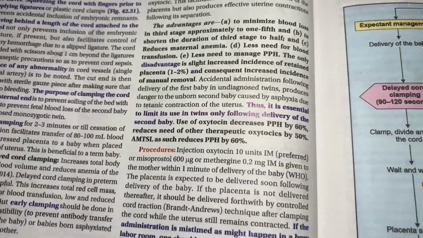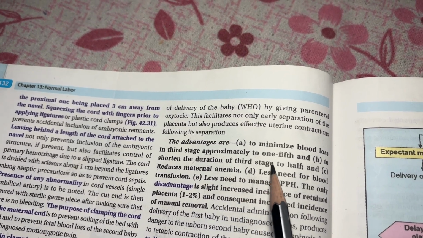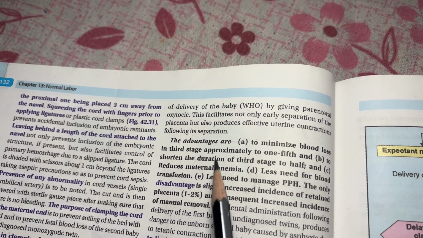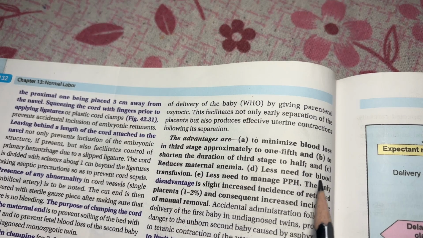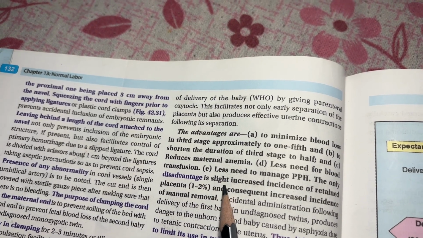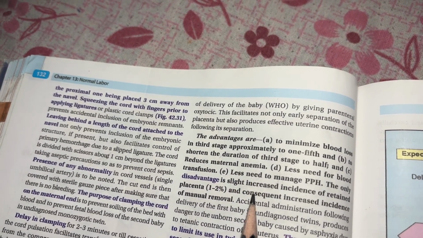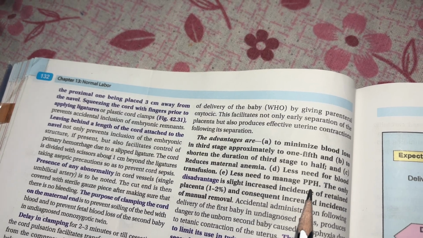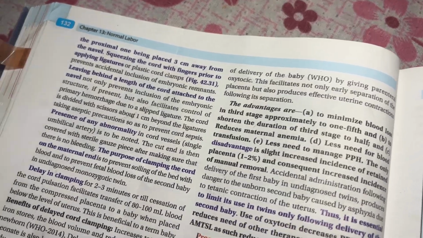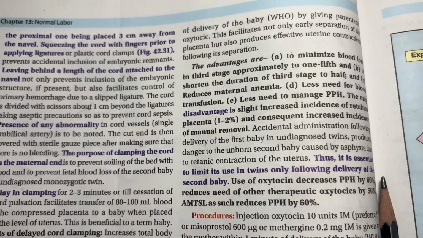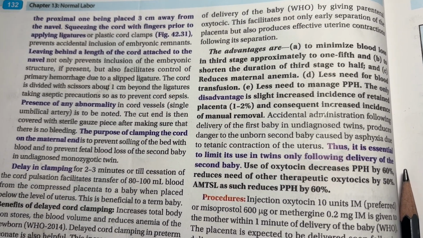There are many advantages: it minimizes blood loss in the third stage by approximately one fifth, shortens the duration of the third stage, reduces maternal anemia, and there is less need for blood transfusion and less need to manage PPH, postpartum hemorrhage, which is very complicated.